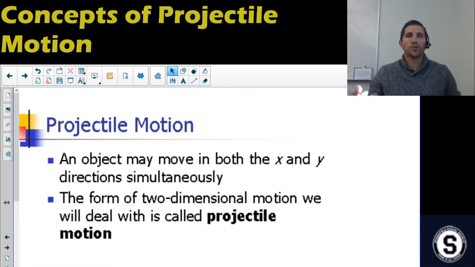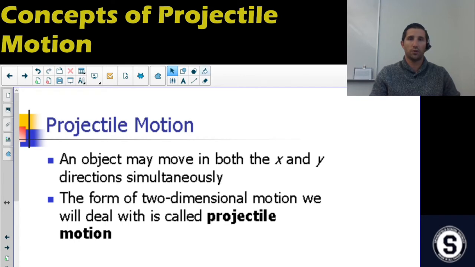Now, we saw some demonstrations already about projectiles, and what we found most importantly is that a projectile can move in both the horizontal or the X direction and also the Y or the vertical direction at the same time. And the demonstration that we saw when we had a conversation about a bullet fired versus a bullet dropped is that those two motions are completely independent of each other.